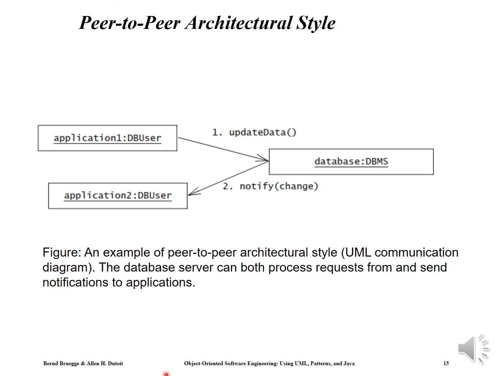An example of peer to peer architecture style: the database server can both process requests, where it acts as a server, and send notification to the application, where it is acting as a client. Sometimes this behavior is required, which is supported by peer to peer architecture style.